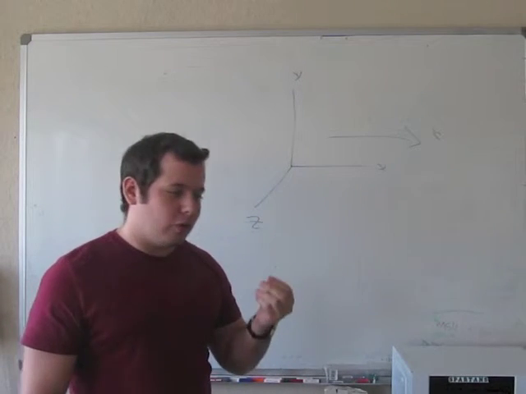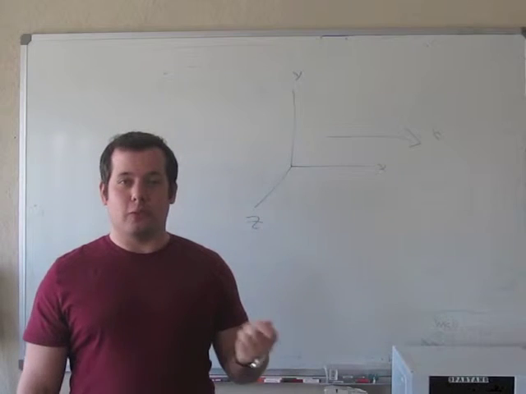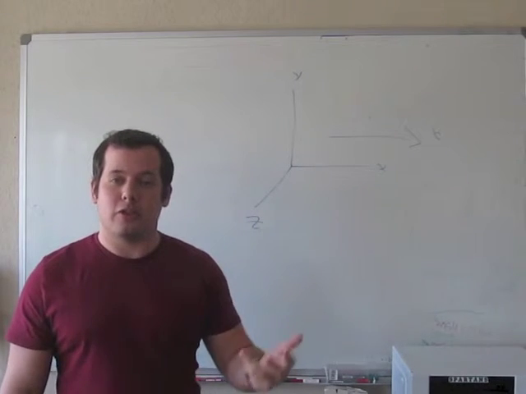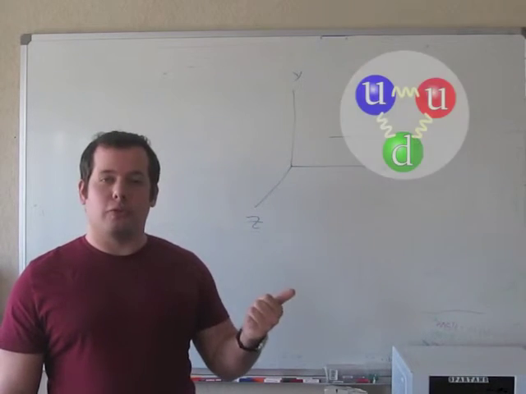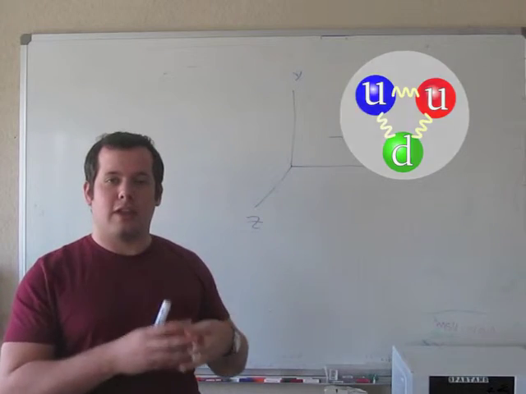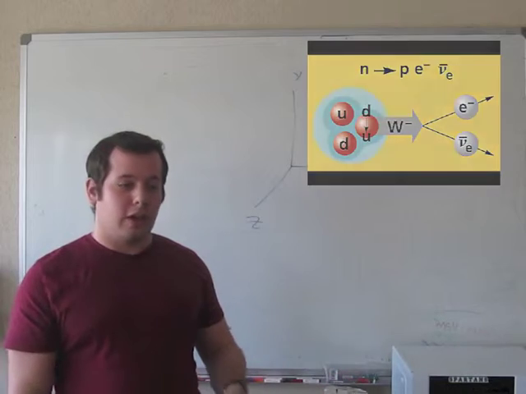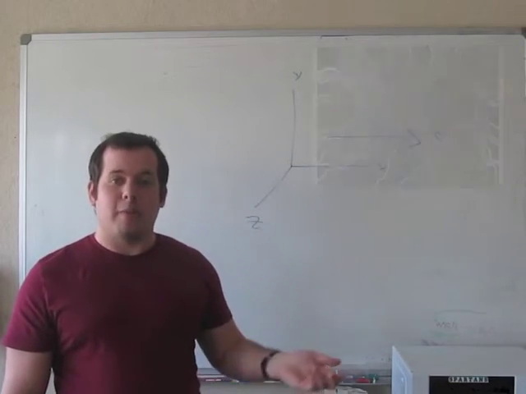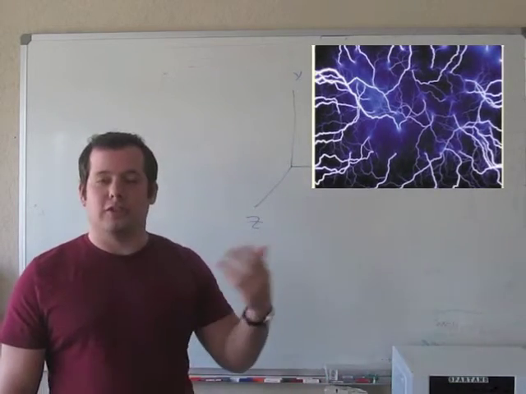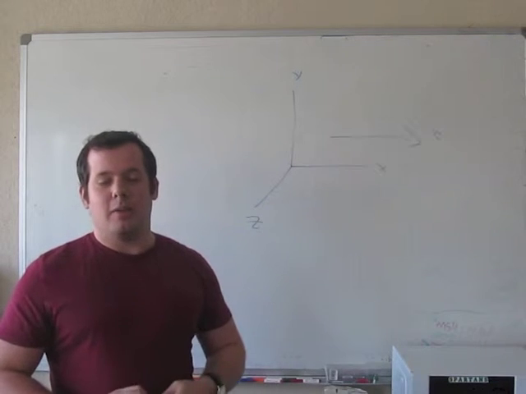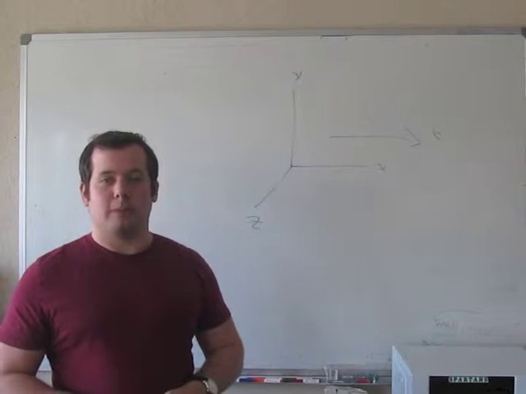So you can start to appreciate how weak gravity really is compared to the other known forces of nature: the strong force, which holds protons and neutrons together, the weak force, which accounts for decays of particles in many cases, and electromagnetism, which is electricity and magnetism, such as the magnet I was just talking about.